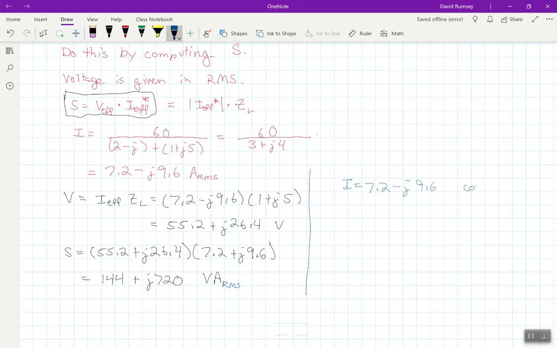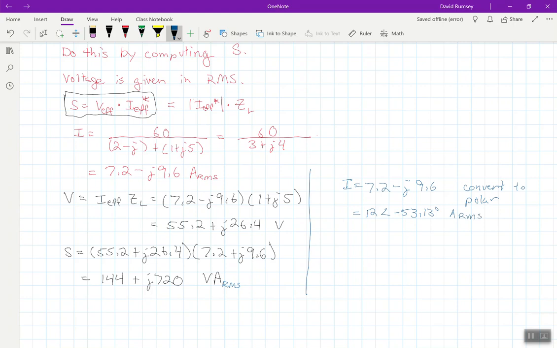Now if I convert this to polar, we get 12 at an angle of minus 53.13 degrees amps RMS.